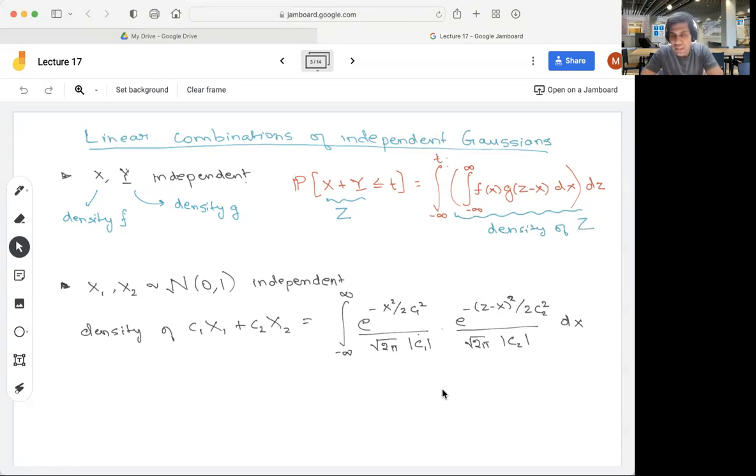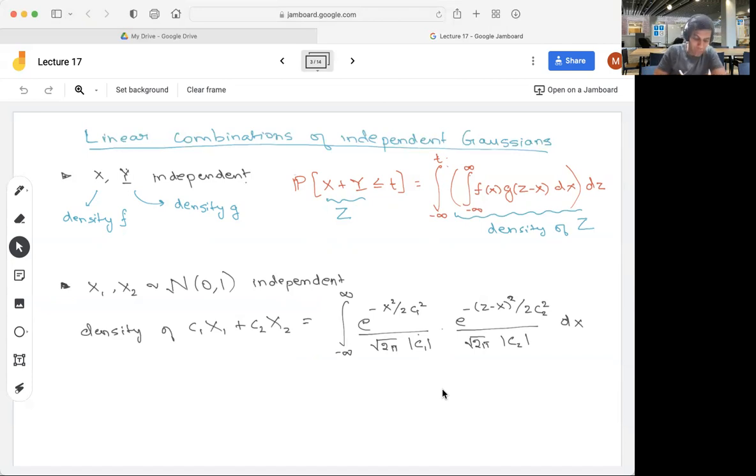And so what I just did was compute this in terms of the densities of x and y. Let's say f and g are the densities of x and y. I computed an expression for the density of z in terms of the densities of x and y. And now we just apply it to the random variables that we are interested in.